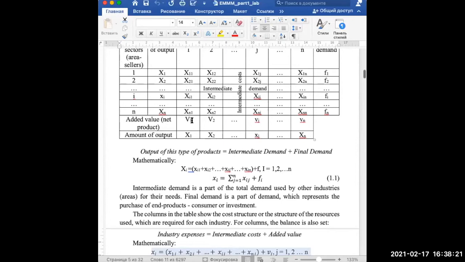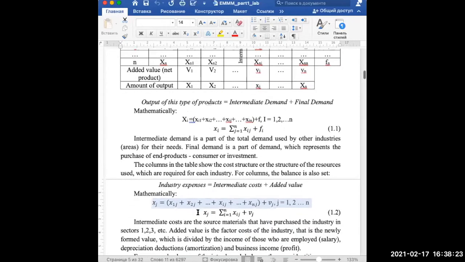So you can see that mathematically we can write such formulas where we summarize all our elements by columns, and in short we can write the second formula where we can see that xj, we talk about the cost point of view, outputs from the second point of view, like a sum of all deliveries or inter-branch deliveries. We can say that xij is inter-branch deliveries between one branch and another branch.